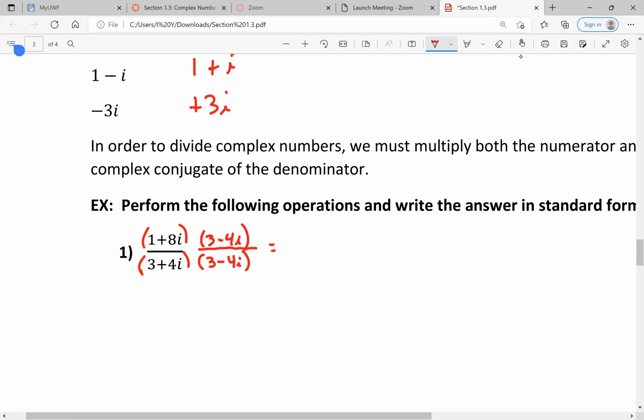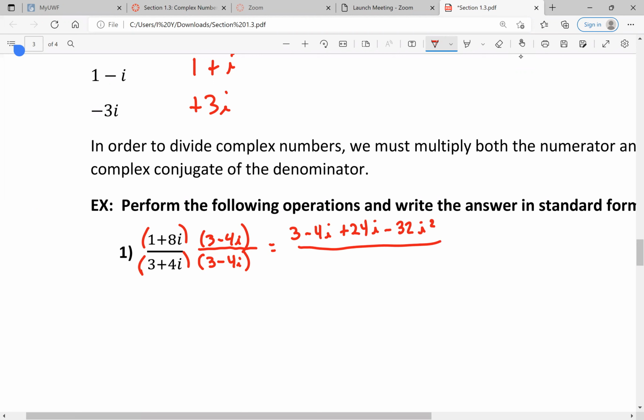So here I'm just foiling. Foiling the numerator, I have 1 times 3, which is 3. 1 times negative 4i, negative 4i. 8i times 3 is plus 24i. And 8i times negative 4i is negative 32i squared.